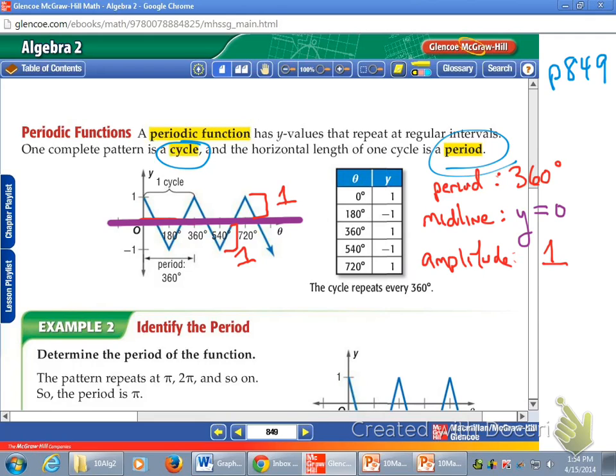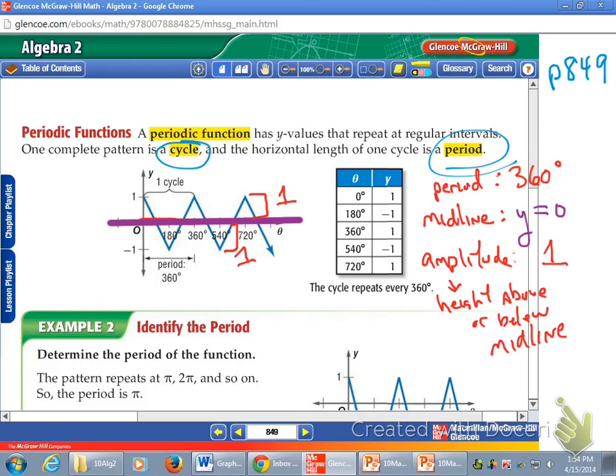Okay? We need to be familiar with amplitude, which is the height above or below the midline. I know some of you will want to write that down. Is the midline always 0? No. Amplitude is the height above or below the midline.